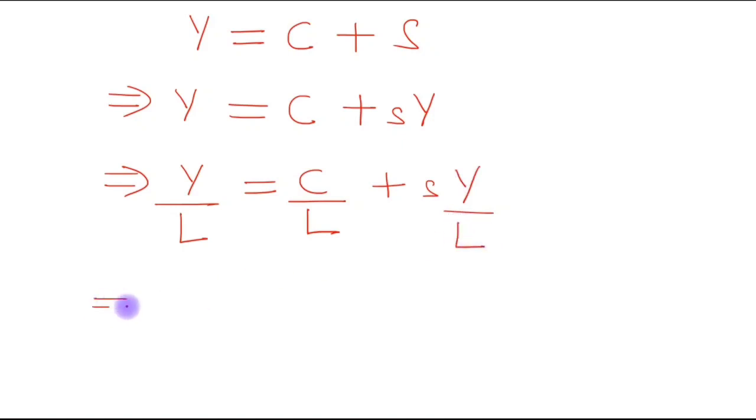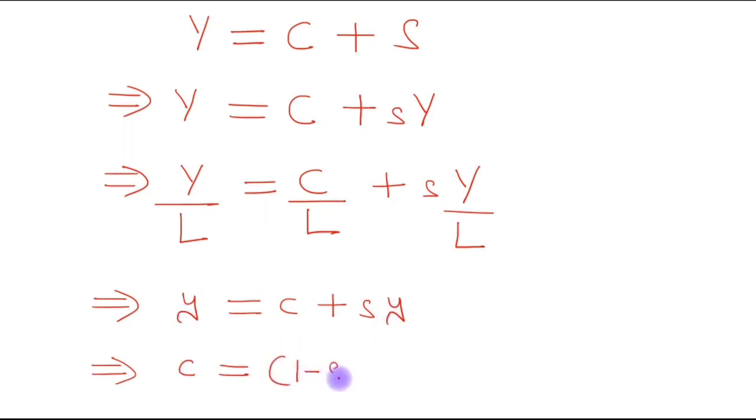Next step, this can be written as small y, which denotes output per worker, equals consumption per worker plus saving rate times output per worker. When we solve this equation, c equals 1 minus saving rate times y.